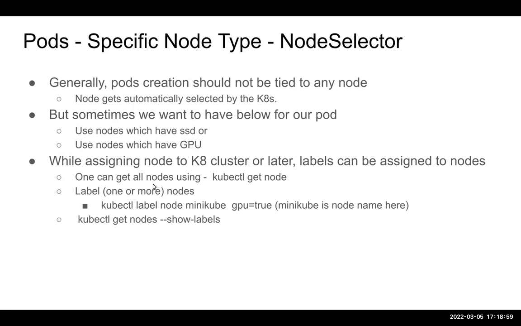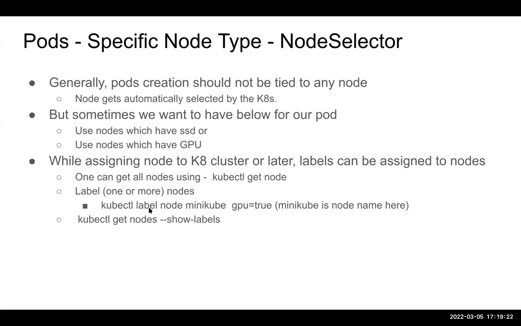So we'll run this command. First, we'll get all the nodes using this command. Because I am showing my local, there is only one node running, so this command will result in only one node. Then you can label it with one or more labels. You can have one or more labels on the nodes.